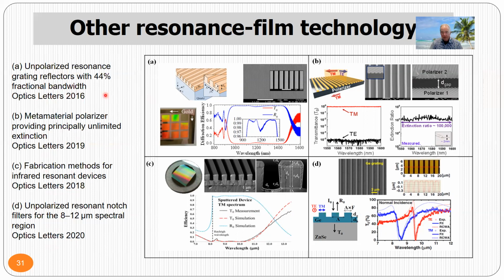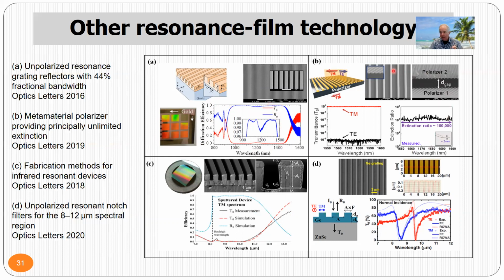It's not a precise reference, unfortunately, but if you Google these titles, it will pop up. And so here's an unpolarized resonant grating reflector with 44% fractional bandwidth. This is a single layer device as shown here. This is a 3x3 array of them. And here shows the wideband response from about 1,000 nanometers to about 1,500 nanometers with very, very high efficiency.